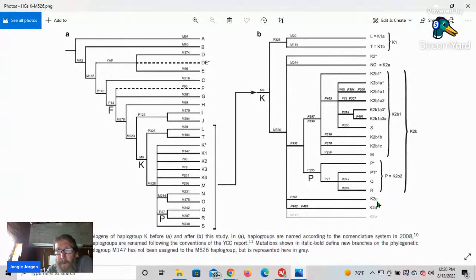Oh, and then you've got more K's over here. So they either gained or lost some information. But of course, this is all one family tree anyway. This is all one family, the sons of Japheth. So of course, they're going to share information.